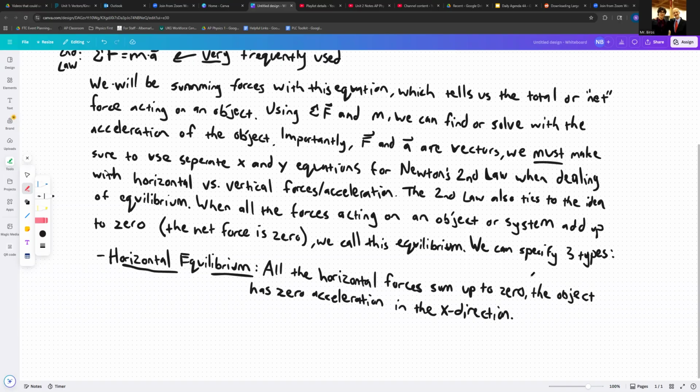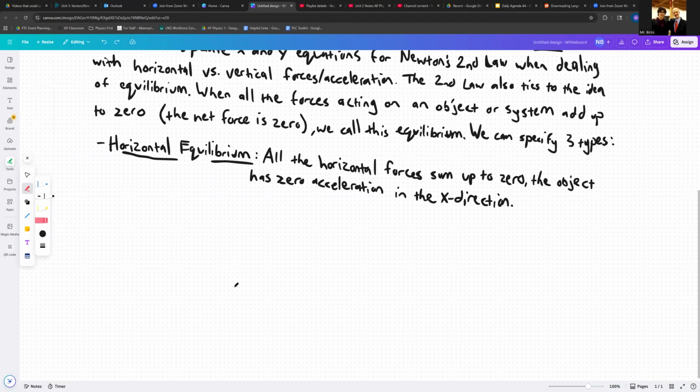But the other option is it could be moving. It has velocity, but that velocity remains constant, right? That's also zero acceleration. If your velocity stays at whatever value it's at, constant velocity motion means zero acceleration. It's not speeding up, it's not slowing down, but it is moving. Okay, so equilibrium is all your forces balance out in the x direction and you have no acceleration in that direction. All right, let's look at vertical equilibrium.